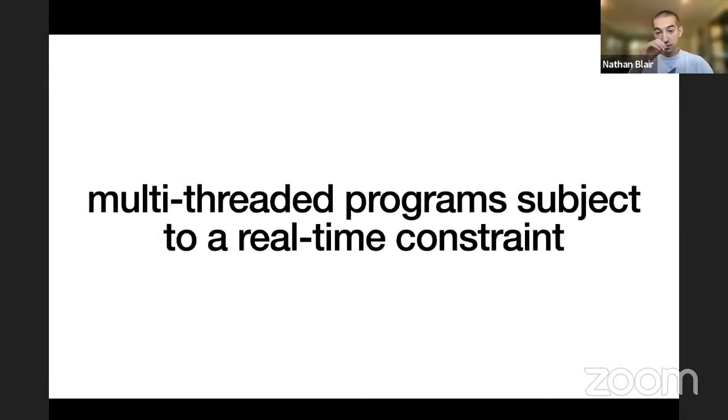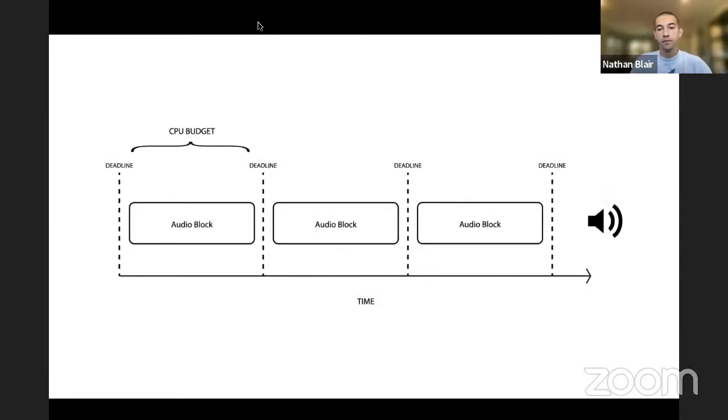Okay. So as we touched on, plugins are multi-threaded programs, and so you're going to need some thread synchronization. They're also subject to a real-time constraint, which means that if you don't output audio in time, you're going to get a glitch or a pop or something bad is going to happen. This is a little diagram of audio blocks outputting to a speaker.